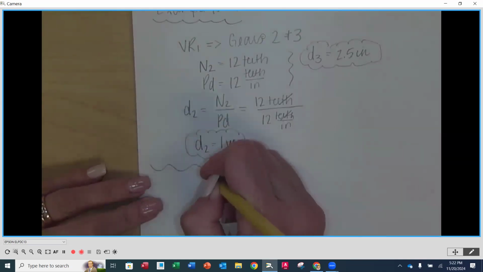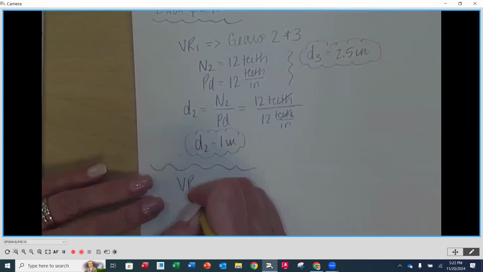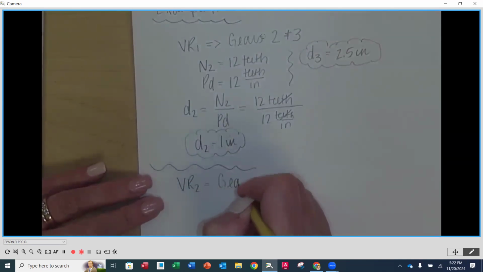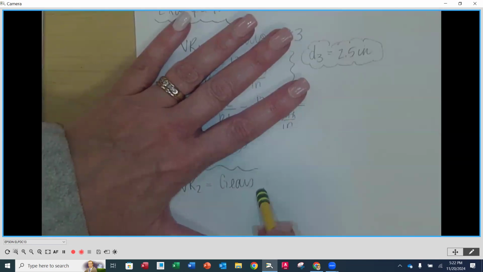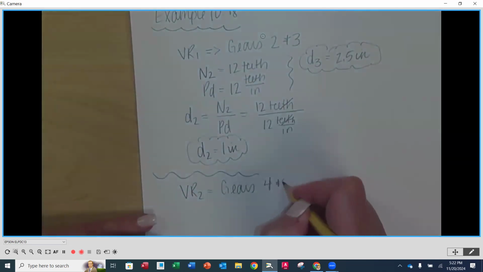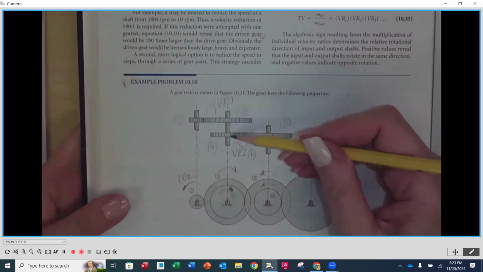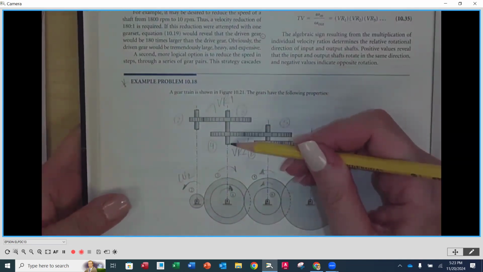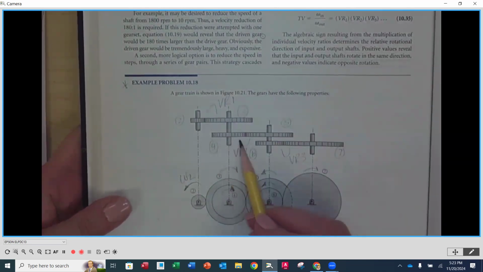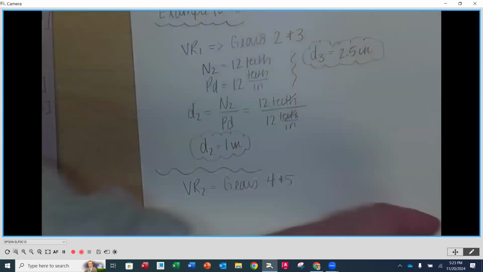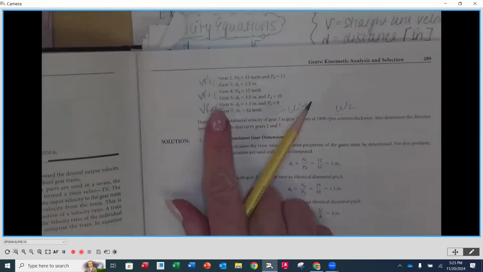All right. So my next set, we're going to look at velocity ratio number 2, which is going to be gears 4 and 5. Okay. So gear number 4 is on the same shaft as 3. Okay. So it's sitting in front here. All right. And it's engaged with number 5. So we want to find out what is the pitch diameter for each of those. So if I go back up here at the top of page 189, gear 4, we know that there's 15 teeth.